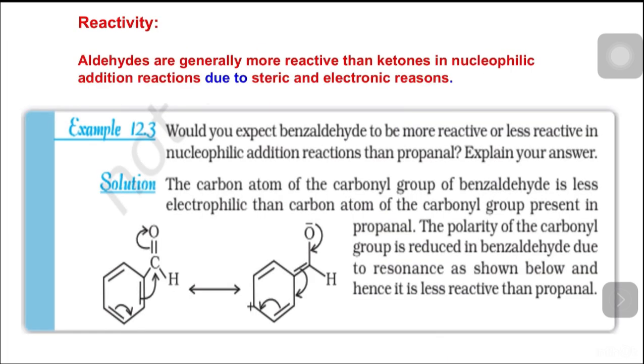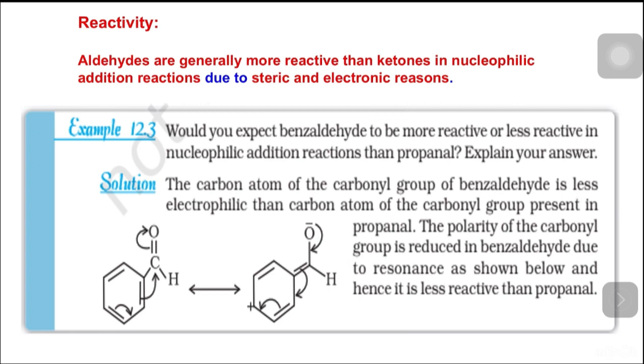But first of all, we have to pay attention to this reasoning question which is generally asked, a very important reasoning question: why are aldehydes generally more reactive than ketones in nucleophilic addition reactions?